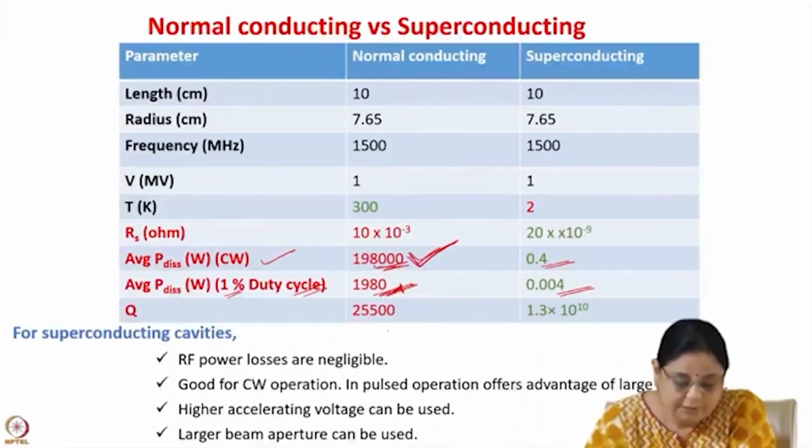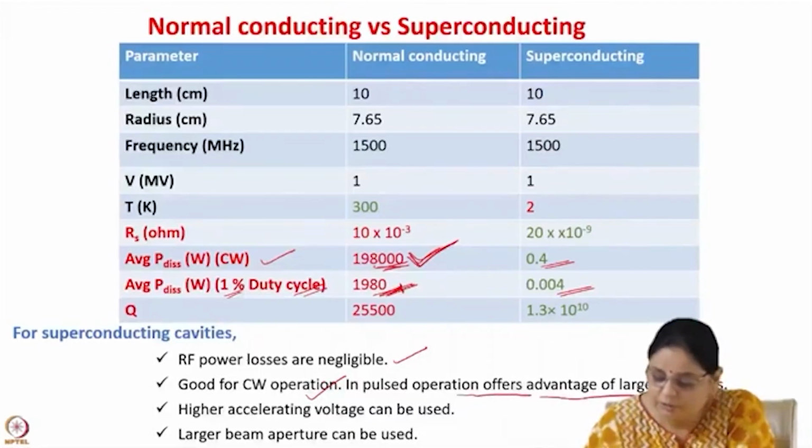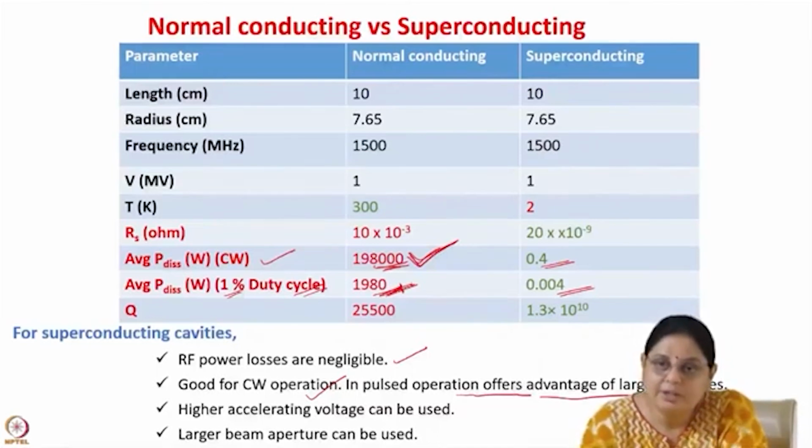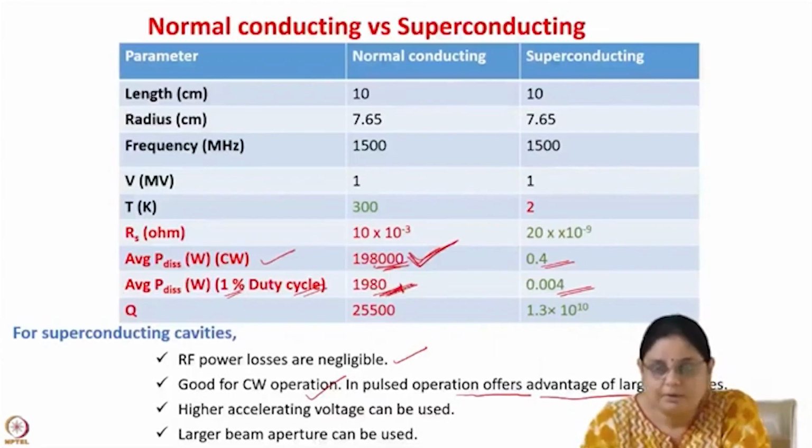So we see that RF power losses are negligible for superconducting accelerators, so it is good for CW operation. In pulsed operation, it offers the advantage of large aperture. If you are accelerating the beam to high energy and the beam current is also high, the beam size could be large and there could be losses.